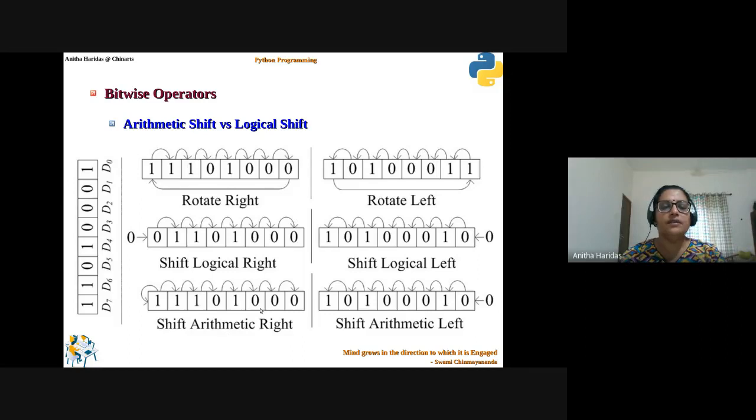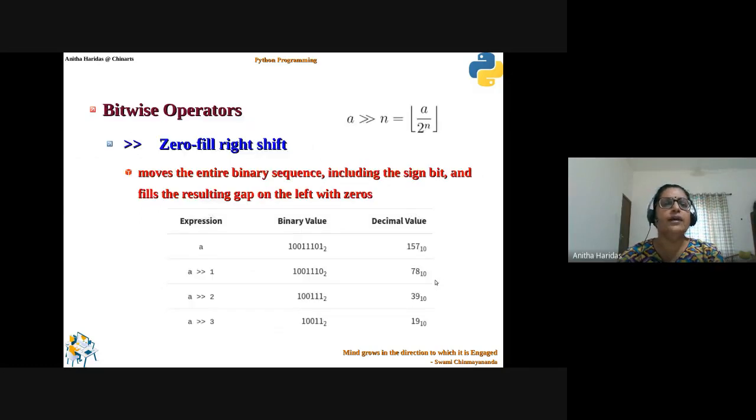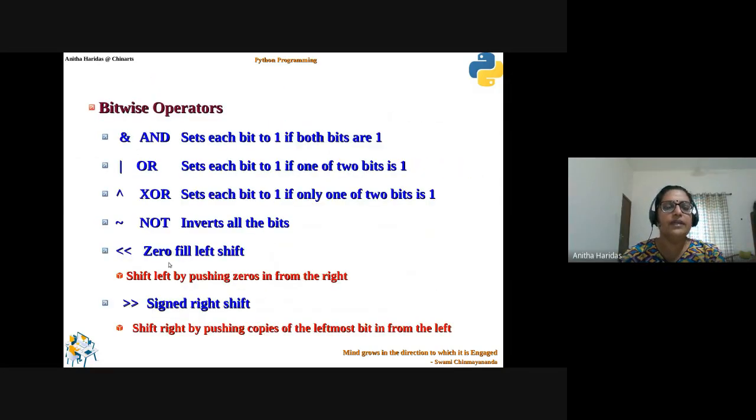This is the only difference you find here, whereas for left shifting, no problem at all. That is why we have given here for the left shift, whether it is positive or negative, signed or unsigned, it is only one operation. You call it a zero fill left shift operation.